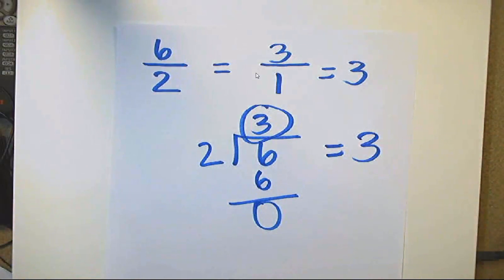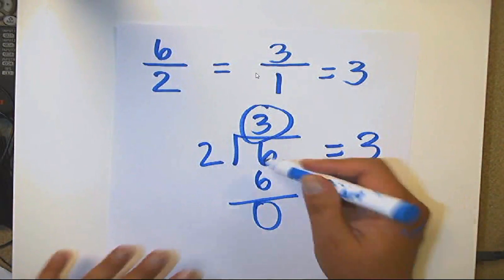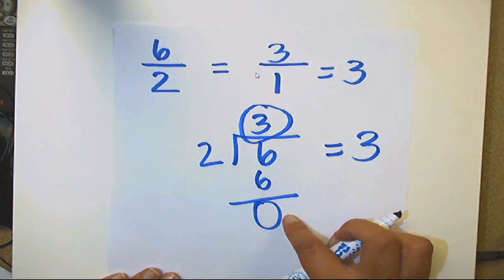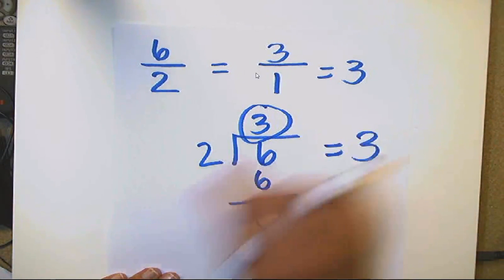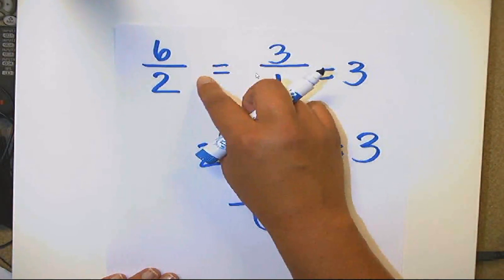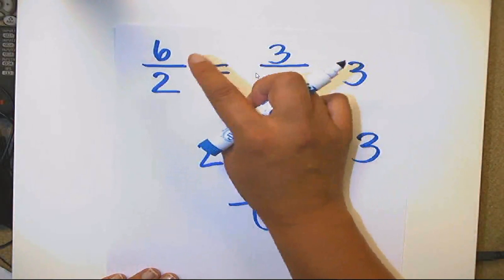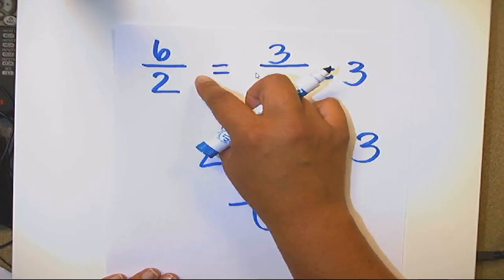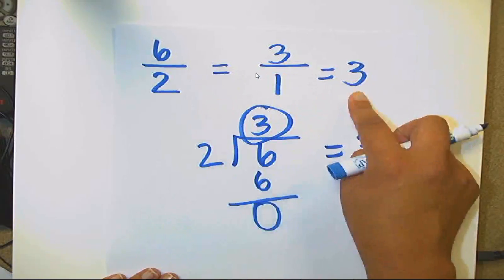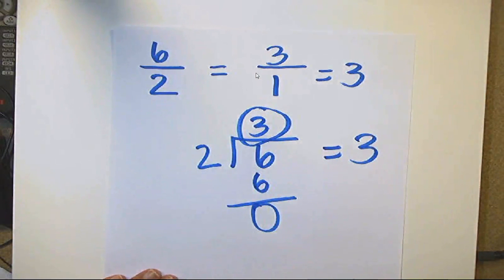So you can do the math and work it out like this. And again, if you end up with a 0 down here, then you know you're just going to be left with a whole number. Or if you can look at this problem and tell that immediately I can break that fraction down into a lower number, then by all means do that and just go straight to your 3.